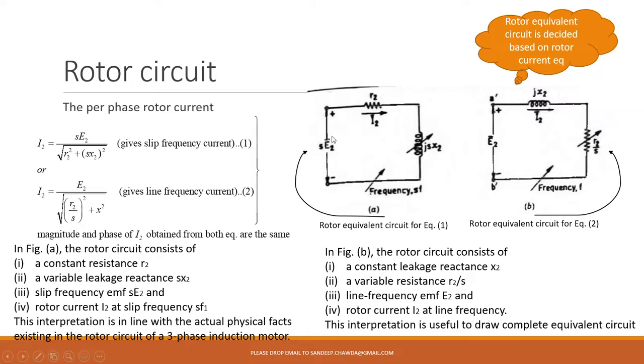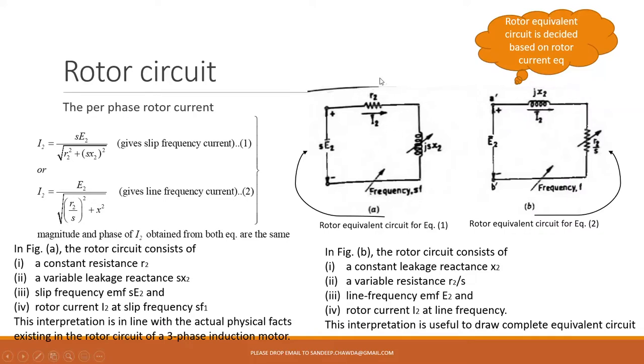What difference are you considering? In this case, the rotor EMF is at rotor frequency, at slip frequency. In this case, the rotor EMF is at supply frequency, line frequency, and E2 is there.